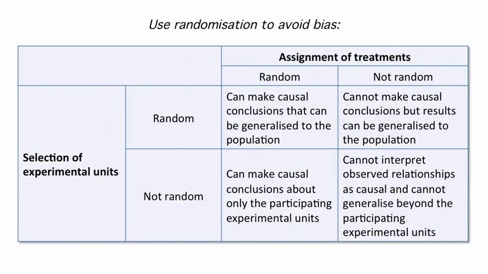Recall that we can use randomization in two ways: in the selection of experimental units to participate in the study, and in the assignment of treatments to experimental units. If we've done the first of these, that is, our experimental units are a random sample from some population, then we'll be able to generalize our results to that population. If we randomly assign treatments to experimental units, then we'll be able to make causal conclusions.